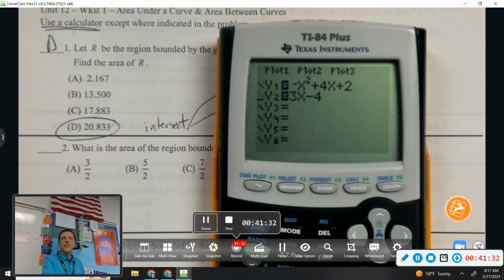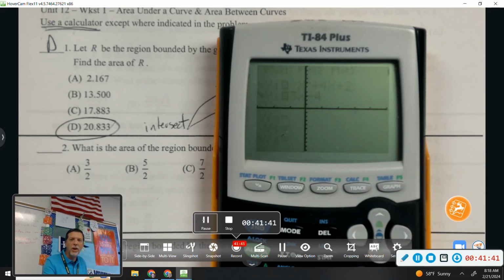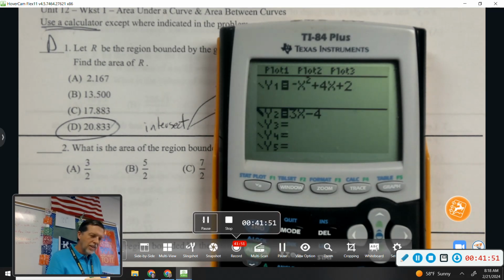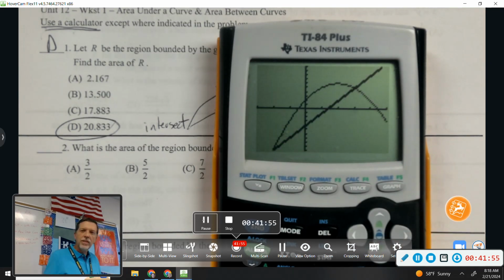A few of you have the new calculator where it puts them in different colors, yes? I don't have different colors, but I can make them different weights. Sometimes it's easy to know which one's which, other times not as much. If you make them different weights, then it's pretty clear that the lightweight one is the first one, the parabola, and the darker one is the second one.